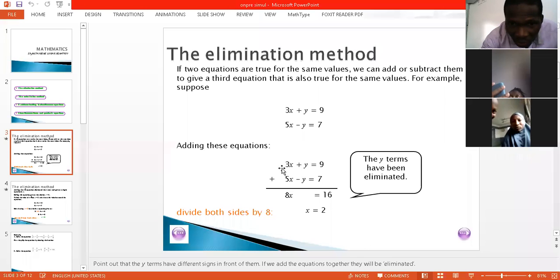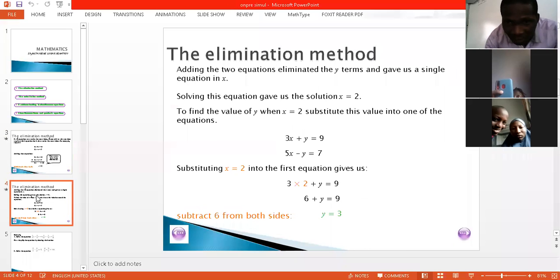So when you add these, y is eliminated, then you add 3x to 5x, and that gives you 8x is equal to 16. From there, divide both sides by 8 and get your x to be 2. That x of 2, you substitute into any of the equations, either the first or the second.